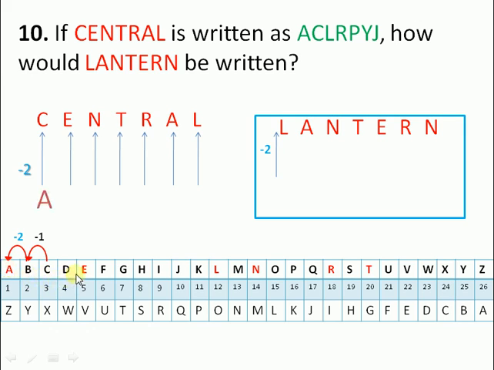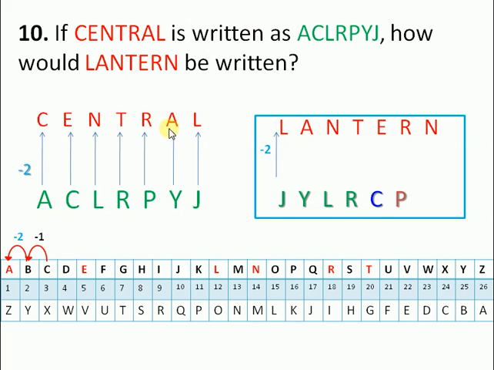E skipping backward twice means it turned to C. N skipping backward twice means it turned to L. So in this way we have formed the letters. Applying the same technique to L, it turns two times backward.